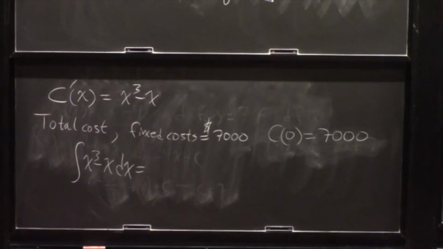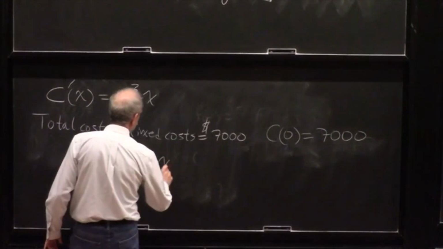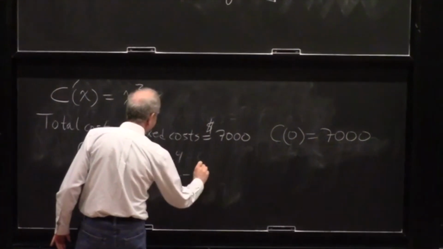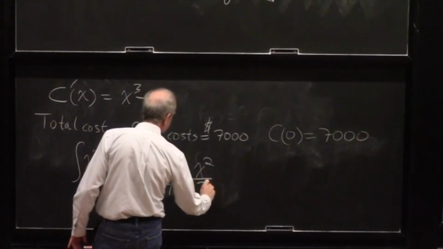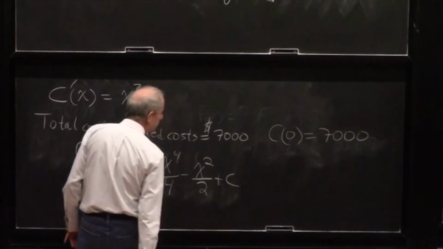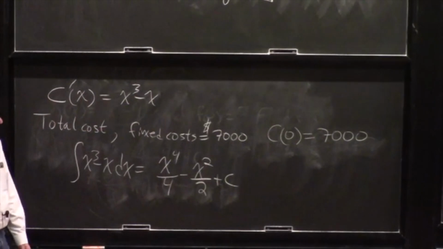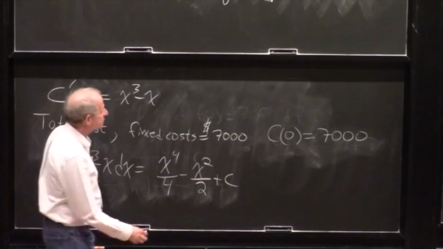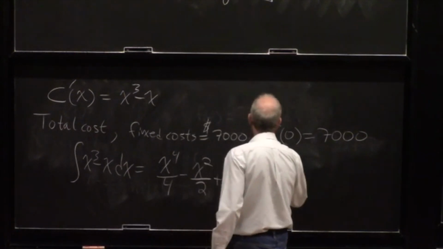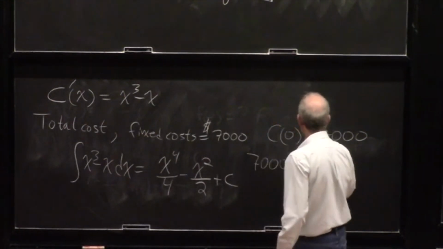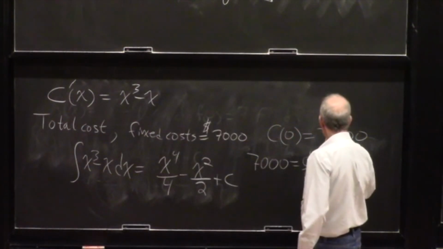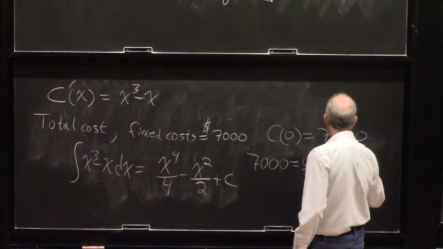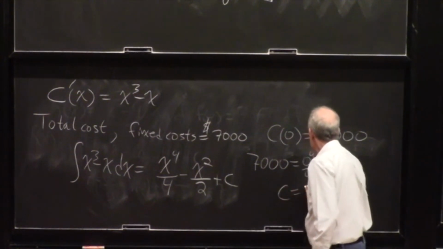We're going to use the unfortunate letter c, but whatever. So that's x to the 4th over 4 minus x squared over 2 plus a constant. And now C of 0 is 7,000. So 7,000 is 0 to the 4th over 4 minus 0 squared over 2 plus c. So c is 7,000.